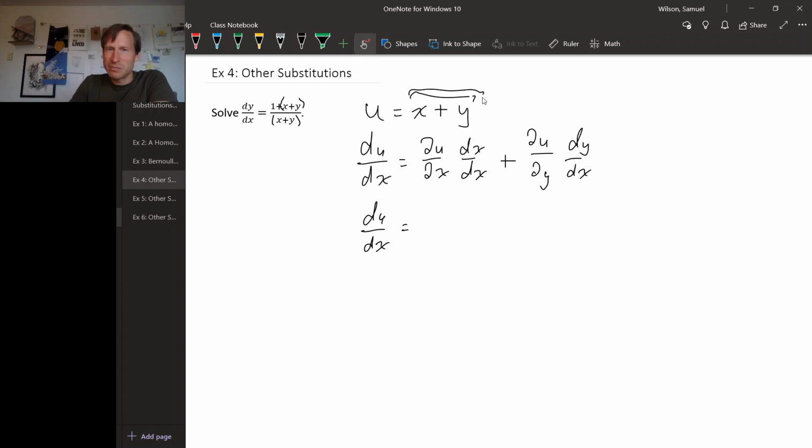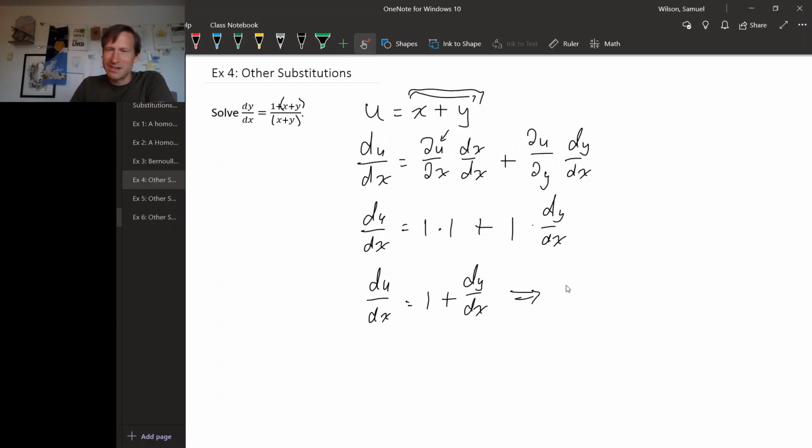The derivative with respect to x: the y term goes away because we're treating y like a constant, and the derivative of x is just 1, times dx/dx, that's also 1, plus the derivative with respect to y, that's 1 because we're treating x like a constant, times dy/dx. So du/dx is 1 plus dy/dx.